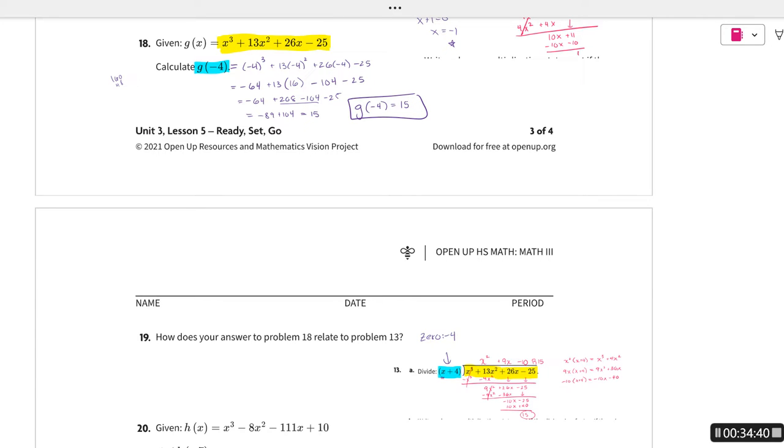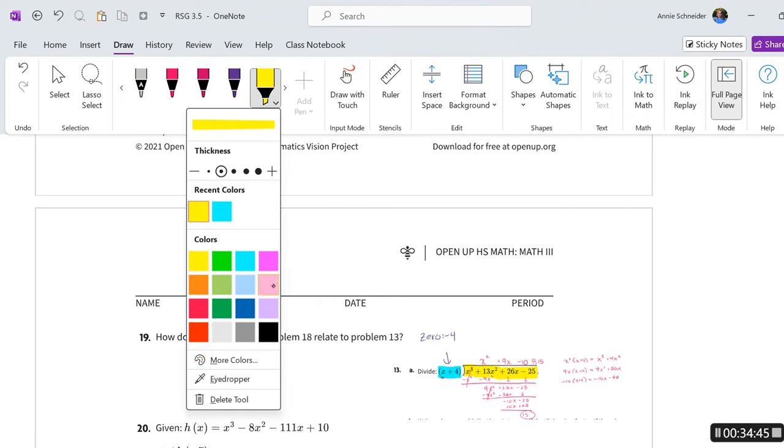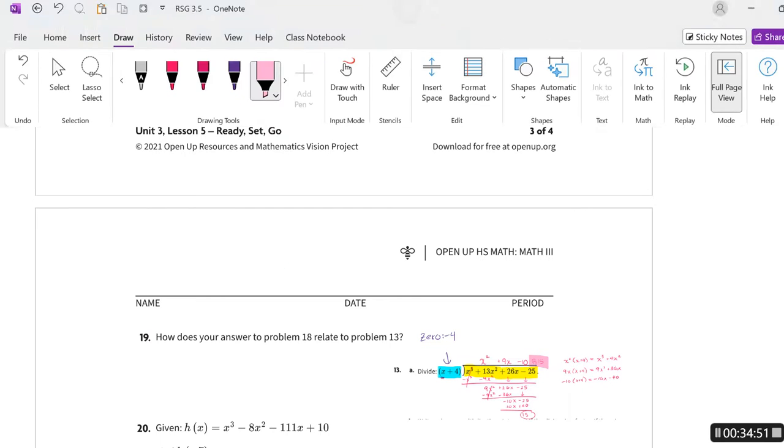So remember, our answer for question 18 was positive 15, right? Our answer is 15, and that was our remainder.